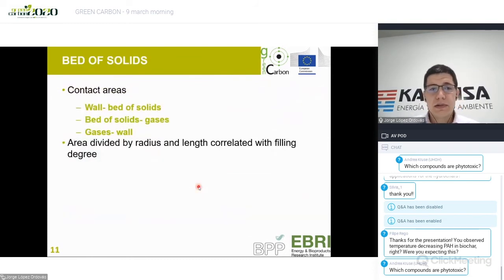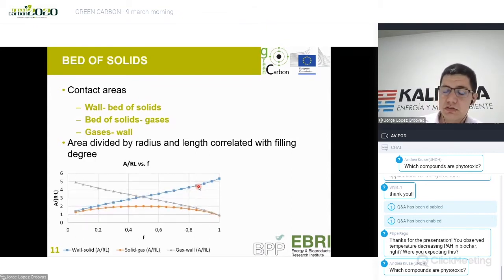So then the bed of solids had to give us the contact areas between the wall and the bed of solids, and the gases inside the reactor, and the gases inside the reactor and the wall. We came across this interesting graph. I developed it mathematically. The F represents the filling degree, so it's the portion of the surface that is covered by the solid.